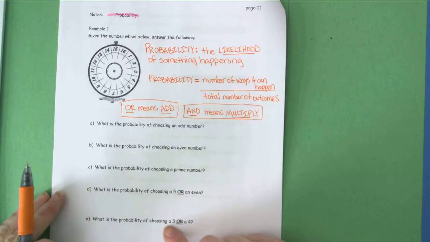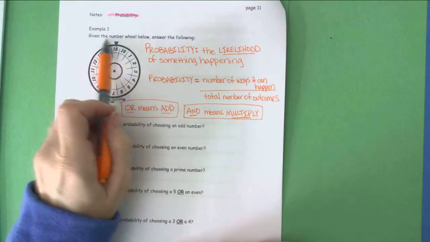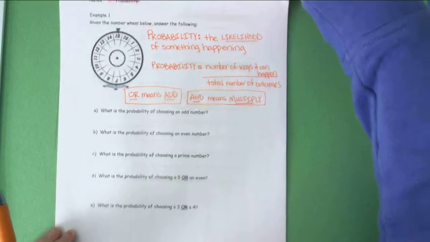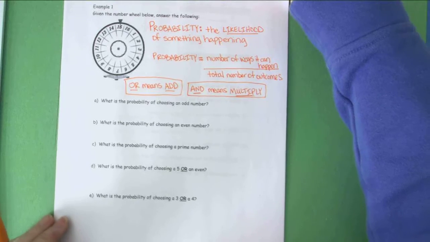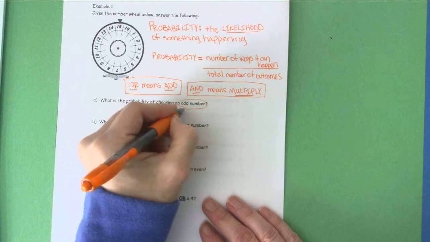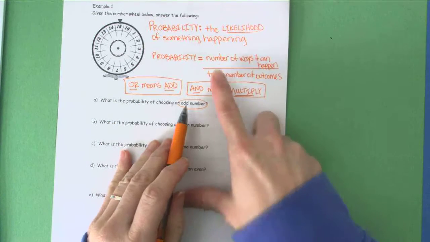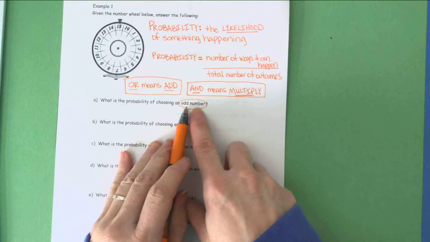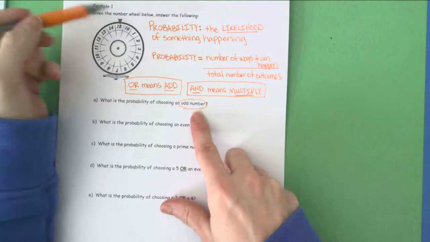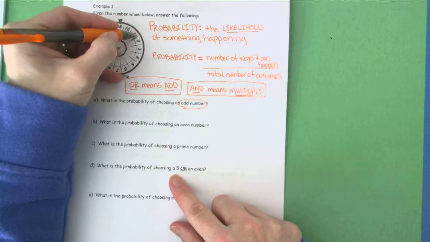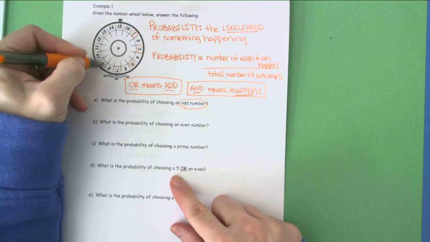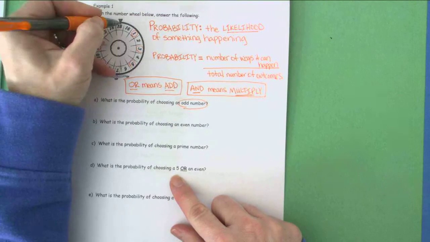Example 1. It says, given the number wheel below, answer the following. Let's take a look at question A. What is the probability of choosing an odd number? Okay, so we have to figure out the number of ways that can happen. How many odd numbers do we have? If we look at this wheel, 1's an odd number, 3, 5, 7, 9, 11, 13, and 15.